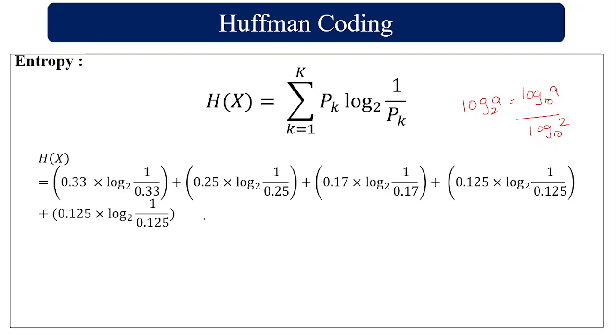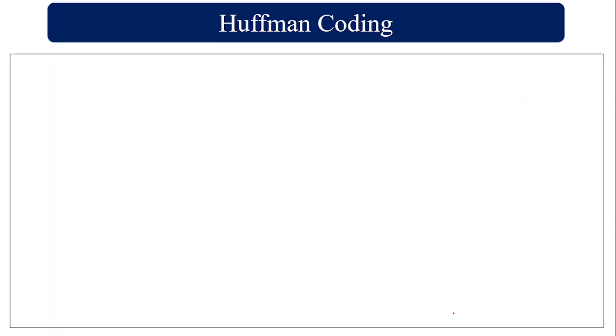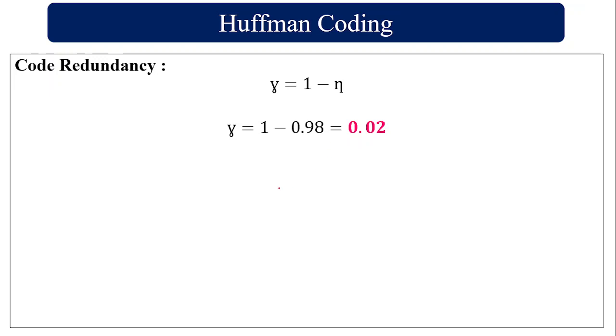Divide that by log 2. So you'll get your entropy as 2.2 bits per symbol. The code efficiency is entropy 2.2 divided by the average length 2.23, that is 0.98, or 98 percent. The redundancy is 1 minus efficiency, so 1 minus 0.98 is 0.02. So this is the redundancy.